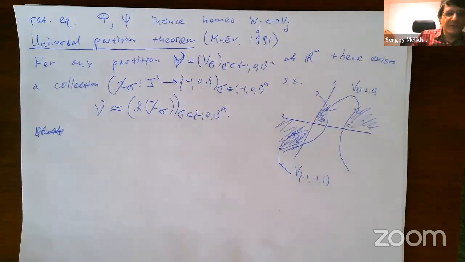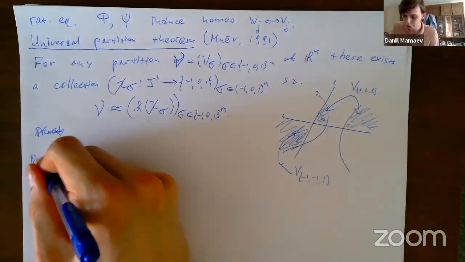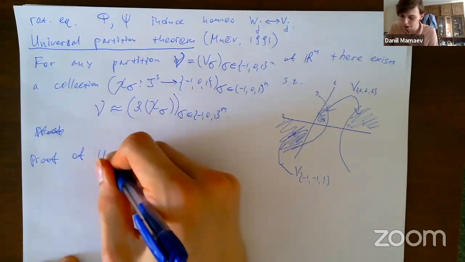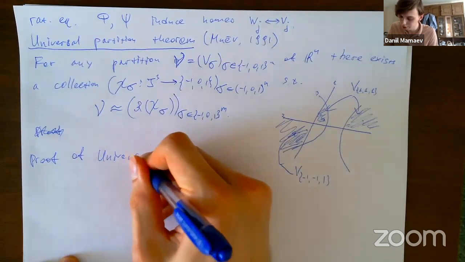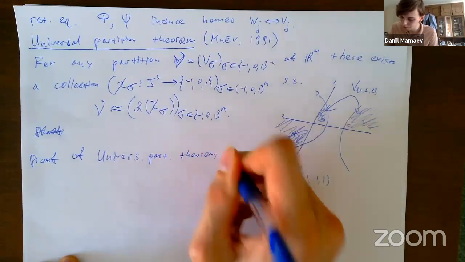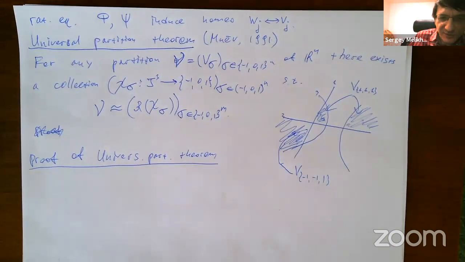Okay, thank you. Now we pass to the proof of the universality partition theorem. Sorry, one more question. In Mnev's first theorem, what about the dimension?